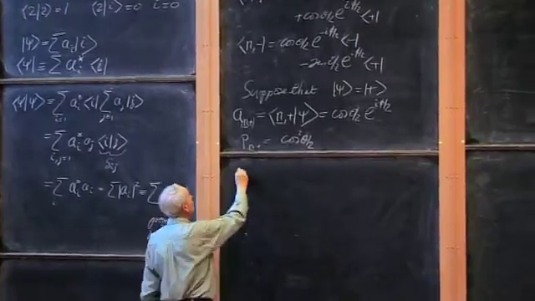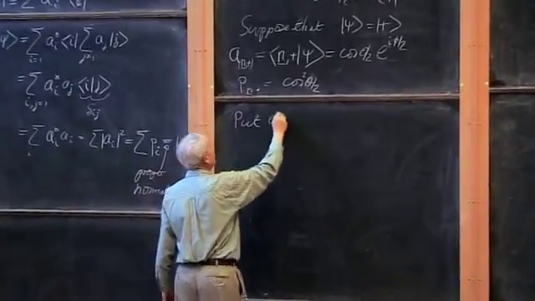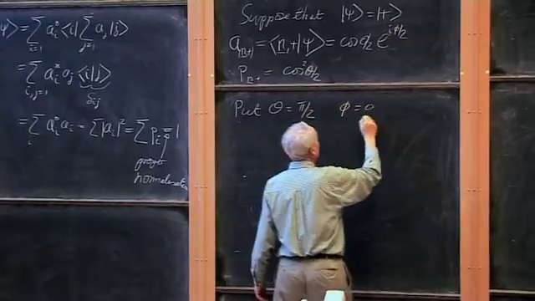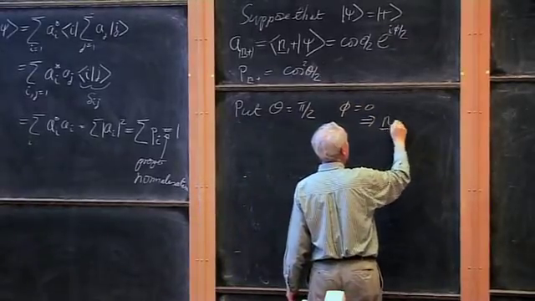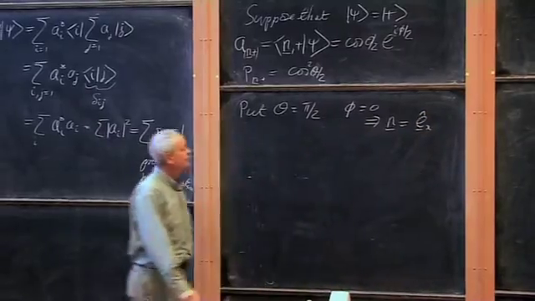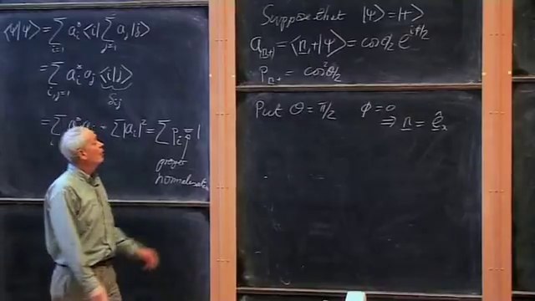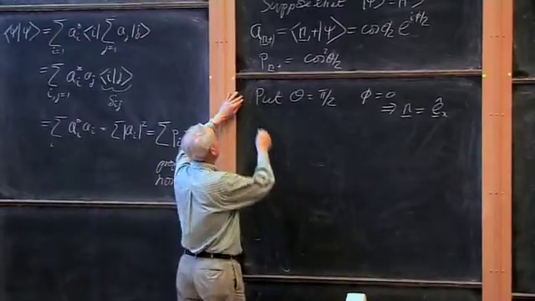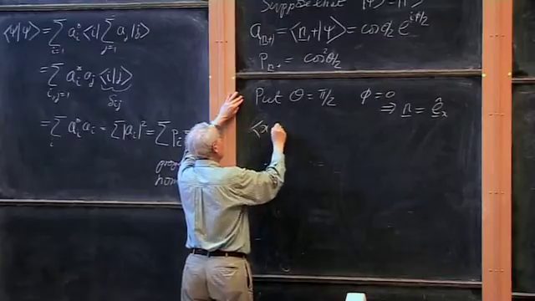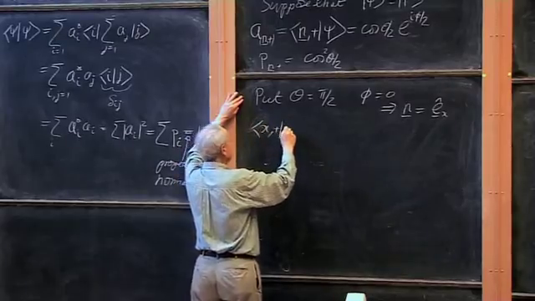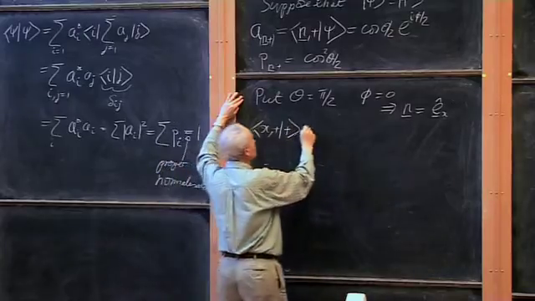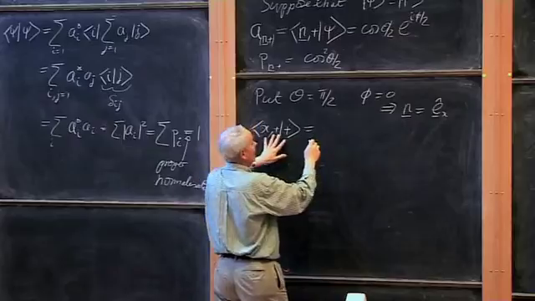Let's put theta equal to pi upon 2 and phi equal to 0. What does that imply? It implies that n is equal to e_x, the unit vector in the x direction. What does that give me? It gives me the amplitude for being plus on x, given that I'm plus on z. It's not the probability, the amplitude.